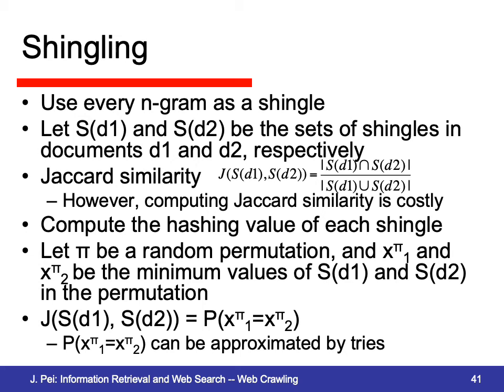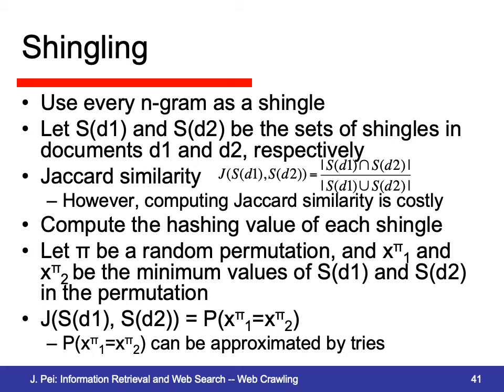think about whether we can approximate this Jaccard similarity. The idea here is that we can use a random permutation on those shingles. And then for each permutation, we use the first number in the shingle as the feature.